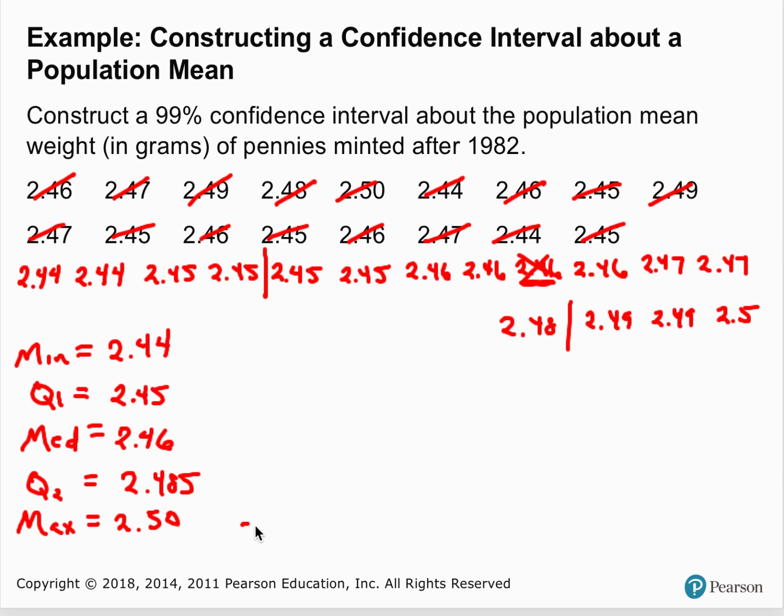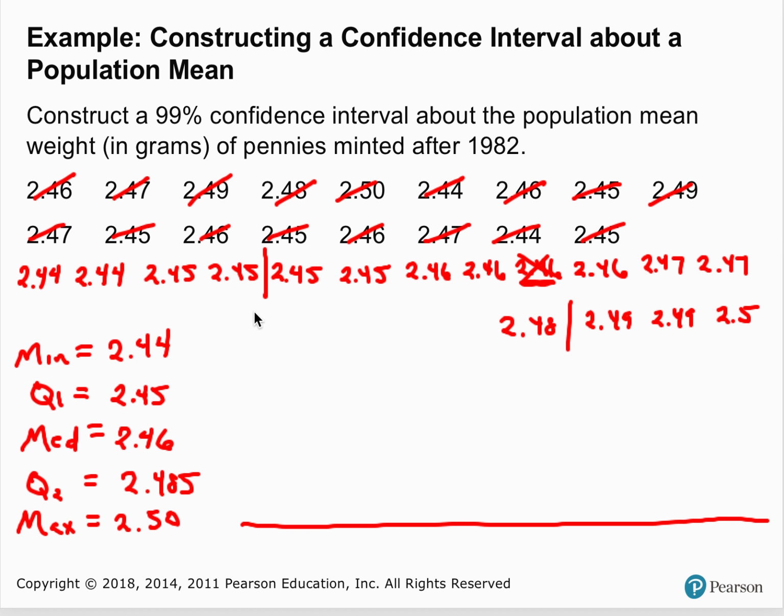So if I'm drawing a box plot, okay, I need to figure out my fences. I'm going to do that in a different color just because we're getting jammed up here. So my interquartile range is 2.485 minus 2.45.